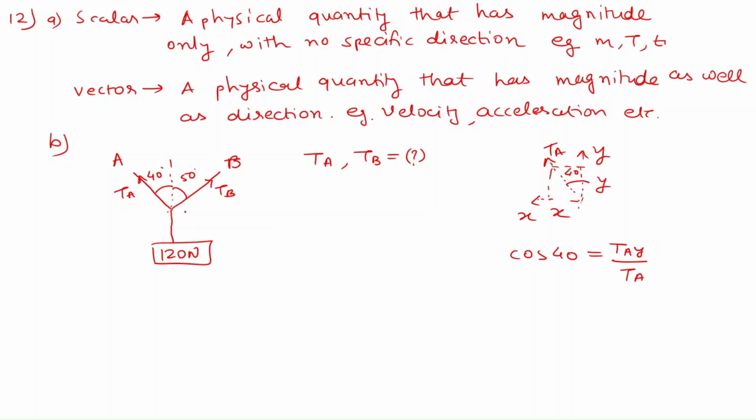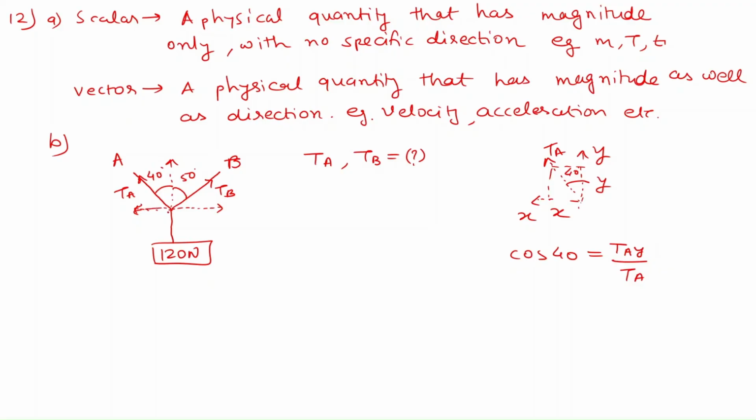Okay. Now this is also a direction. In this direction, we have resolved TA in this direction and this direction, 40 degree here, and TB in this direction and this direction.